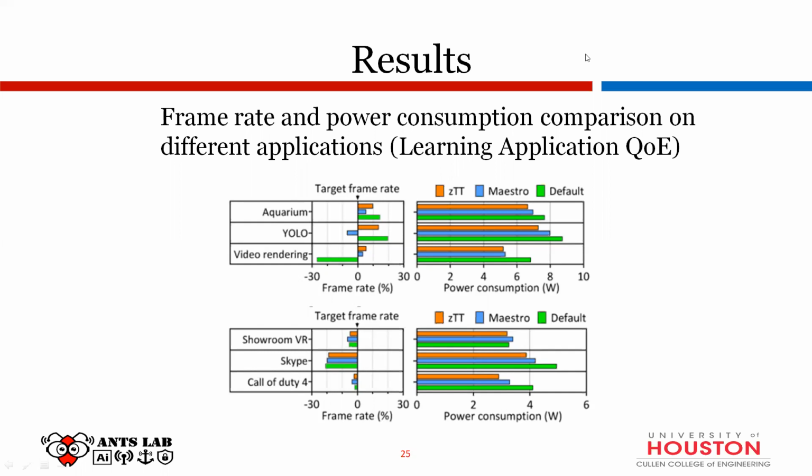That might lead to the question of whether those applications are CPU oriented or GPU oriented. They did not really say about this. Yeah. But first of all, the reason why I ask is that Maestro's performance is close to zTT.